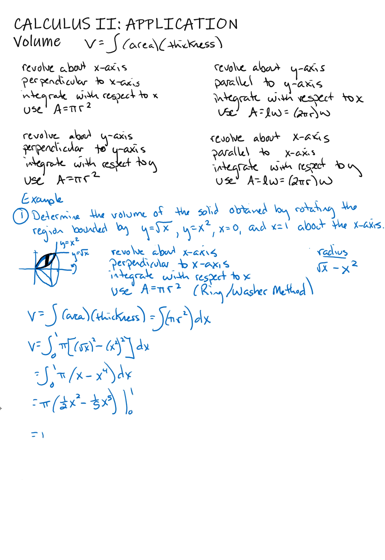Shouldn't be too difficult. We have 1/2 minus 1/5 minus, what, 0 minus 0 when it's all said and done, which ends up giving us a volume of 3 pi over 10.